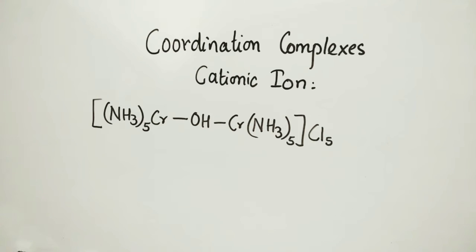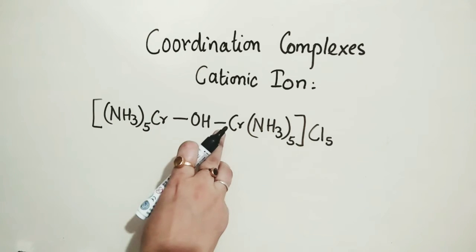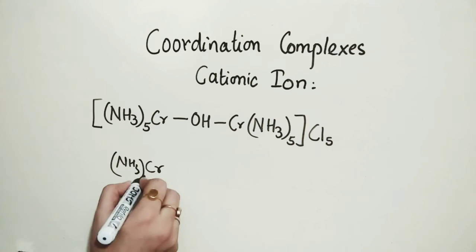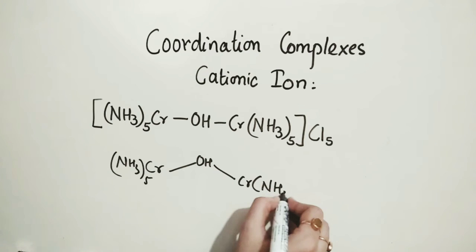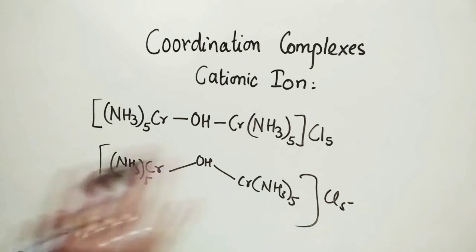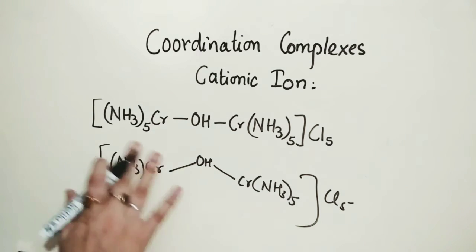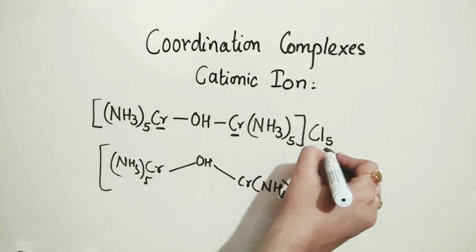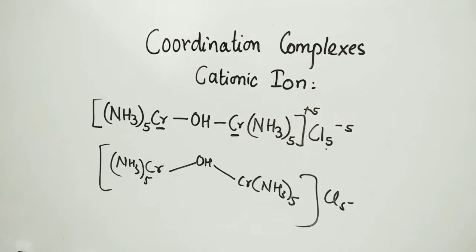So the next example has a cationic complex, but now it contains a bridging ligand. If this kind of dash is given, it is like this: Cr(NH3)5 OH Cr(NH3)5 and Cl5. So this is the actual representation. When we have to write the name, we first find the oxidation state of Cr. As we know it is Cl5, so it is -5 here, meaning the charge on the complex will be +5.